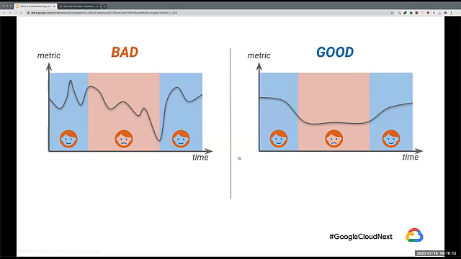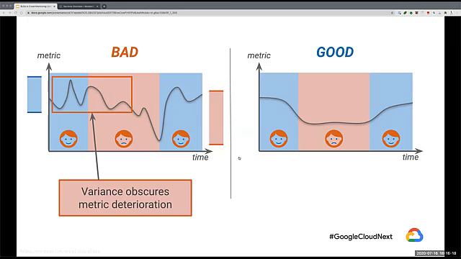Why is the one on the left bad and the one on the right good? The bad metric does show this obvious downward slope during the outage, but there's a lot of variance during that outage, right? And the expected range of values that we see during normal operation, shown in the blue on the left-hand side there, has a lot of overlap with the expected range of values during the outage, right?